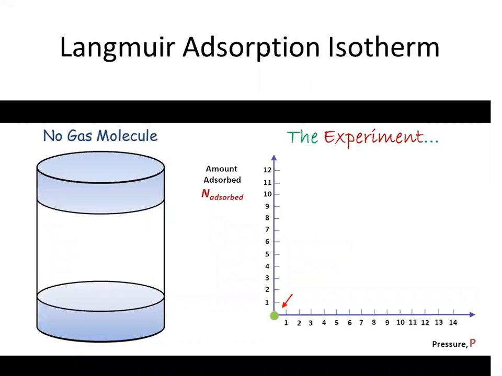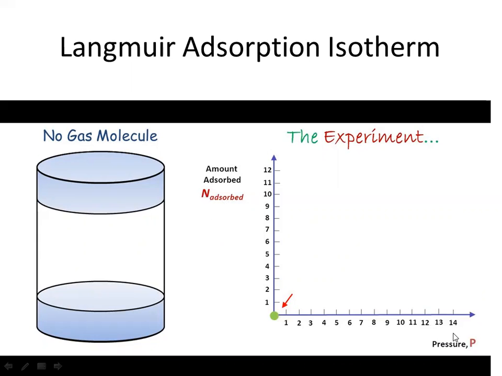The first, I'm going to start the experiment to verify the Langmuir adsorption isotherm. So let's suppose it is without gas molecules, that means no gas molecules, and this is the amount adsorbed, how many molecules are adsorbed, and what is the pressure of the gas.